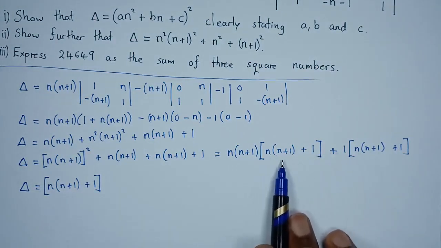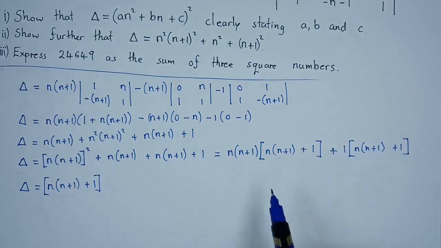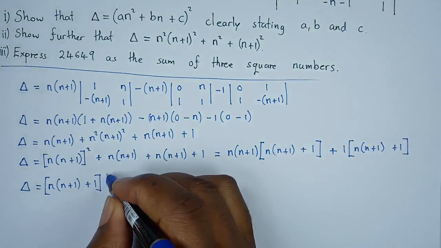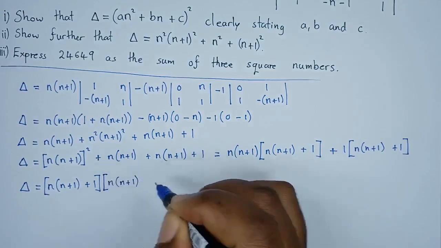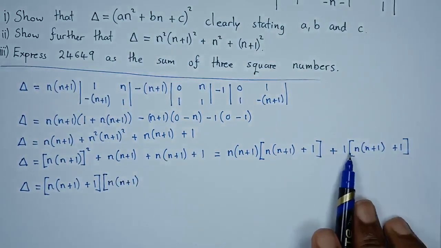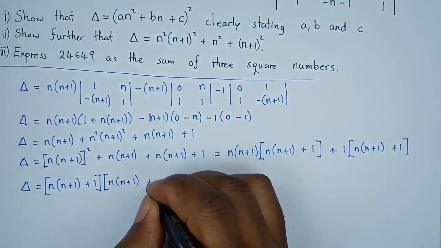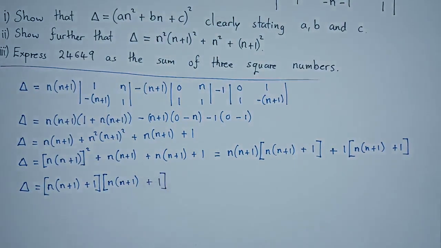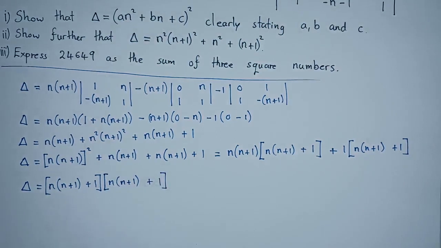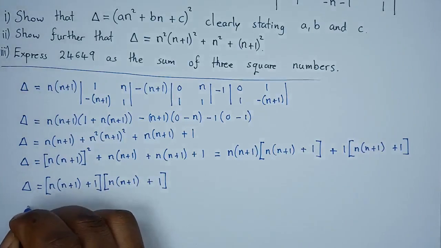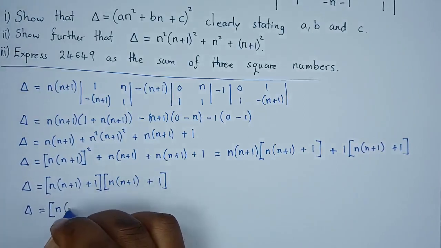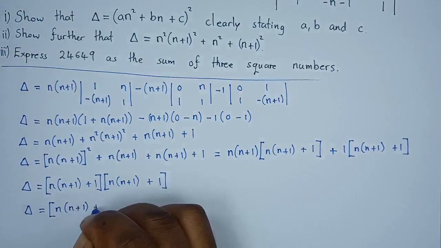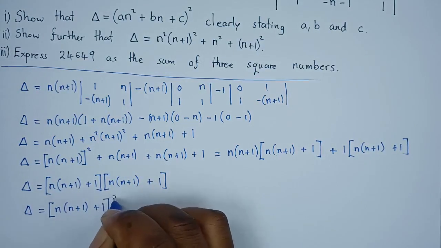So if we factor it out, what remains here is this guy, which is n plus 1. We factor out the bracket here, what remains is 1. So we'll say plus 1. Now, if we look at these two brackets, they are exactly the same. So we can just introduce a square now, meaning that the determinant is equals to, open bracket, n plus 1 plus 1, squared.